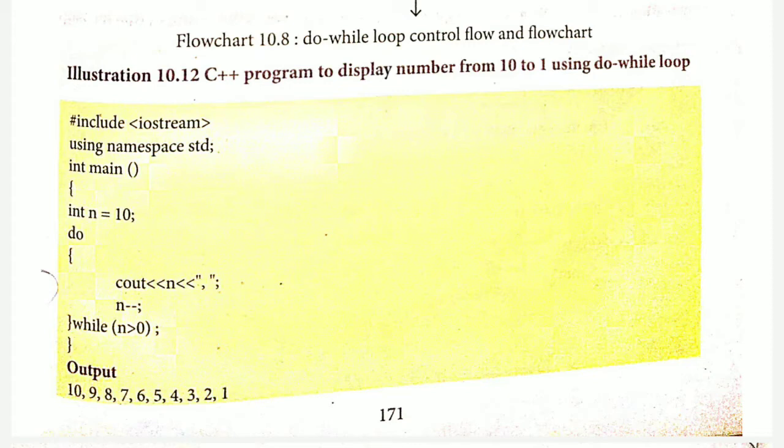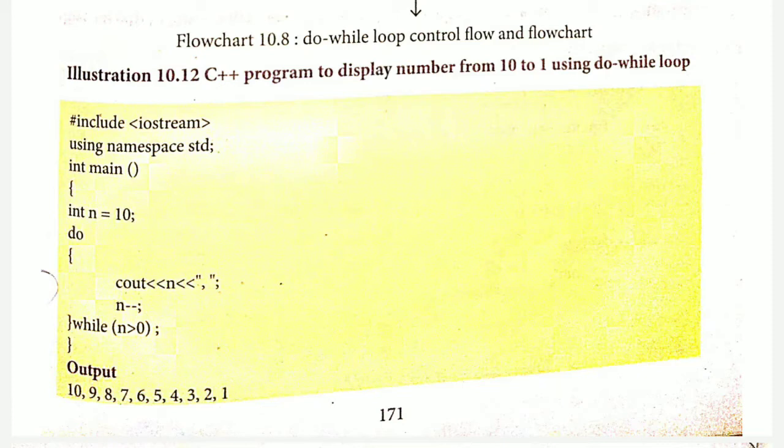So cout n and n minus minus will be executed at least once. You can see in the output the first value 10 is printed, and if the condition n is greater than 0 is true, then it will print it.